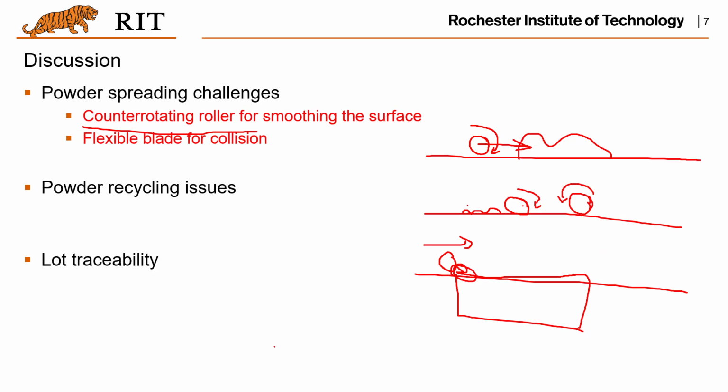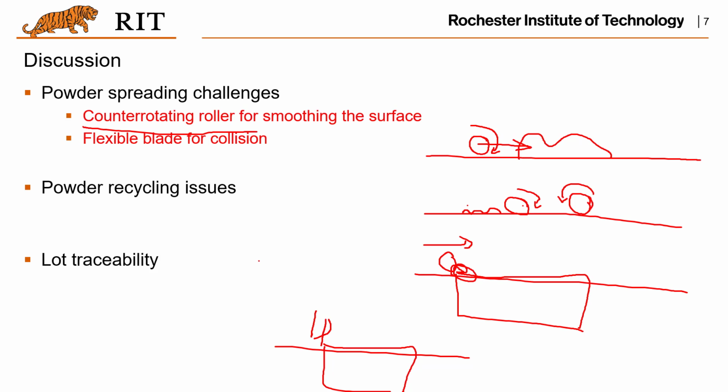Let me draw another illustration. Okay, this is the deformed part, right? And there's a blade. Because the blade is flexible, when it contacts this part, it could be deflected like this. Then you can still move the blade without a restart. So that's why a flexible blade will be adopted to avoid the collision.